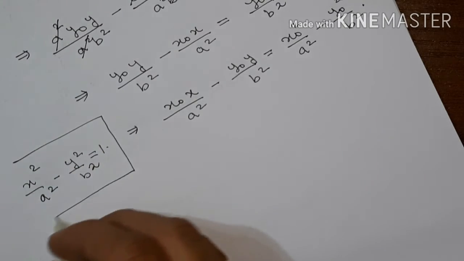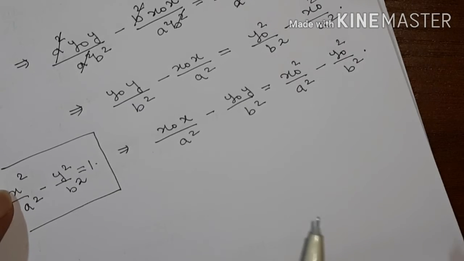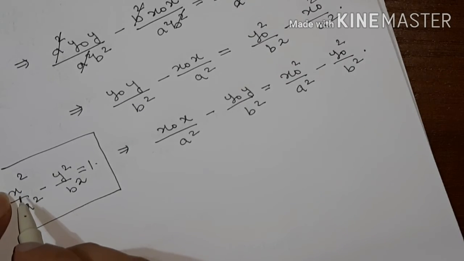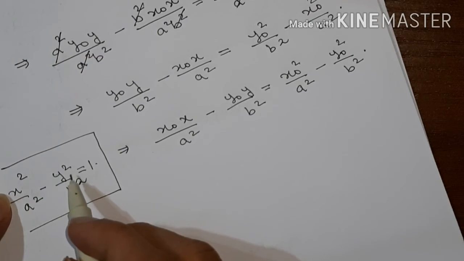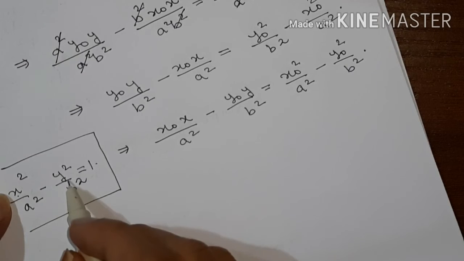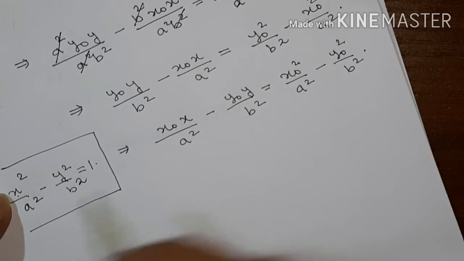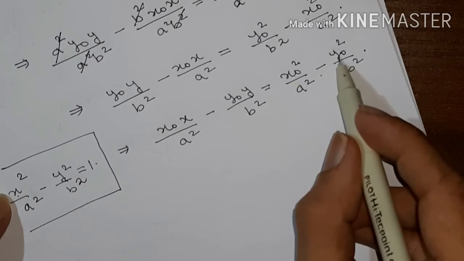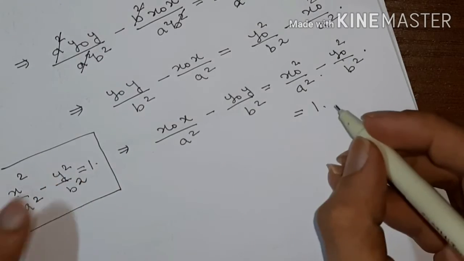This is the equation of the curve which is given. Now since the point (x₀, y₀) lies on the curve, that means (x₀, y₀) will satisfy this equation. So what you will get is x₀²/a² − y₀²/b² = 1.